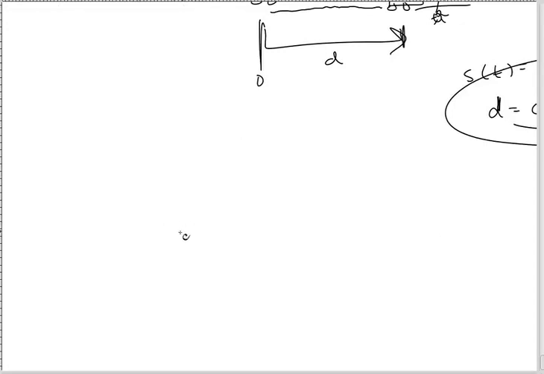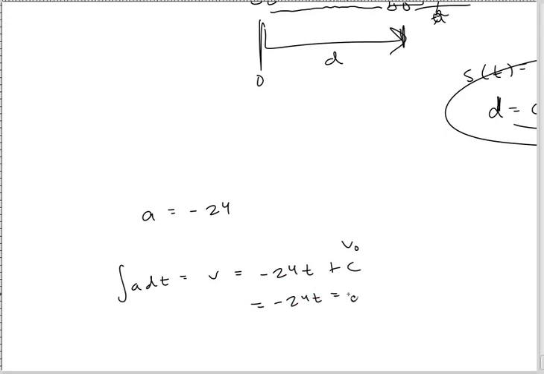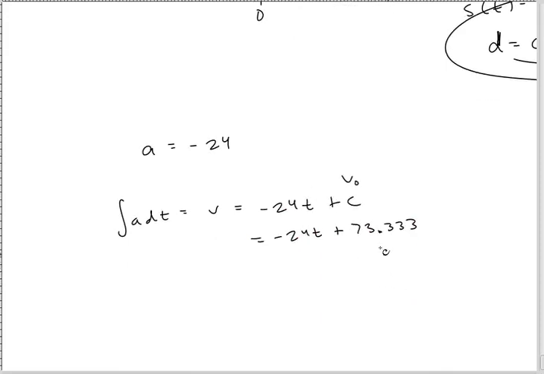On the side, a is equal to negative 24, and the integral of a dt is equal to v. When I integrate, I get negative 24t plus c. This c is my initial velocity, and we already have it, so I replace c immediately with 73.333.